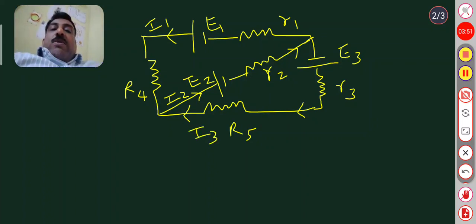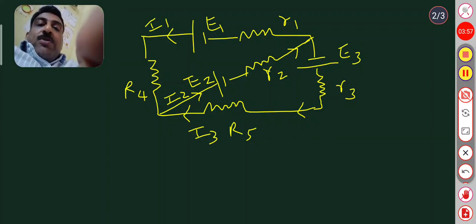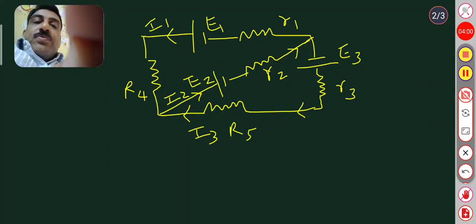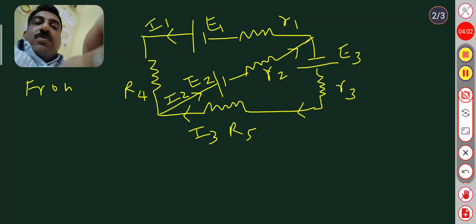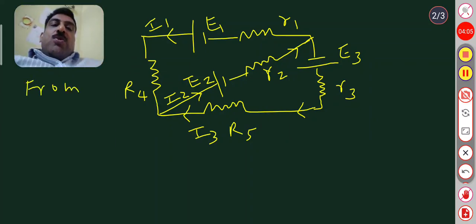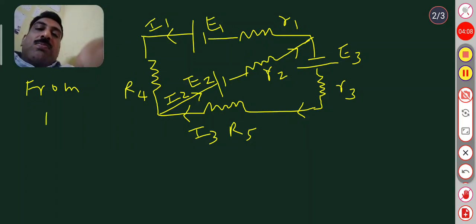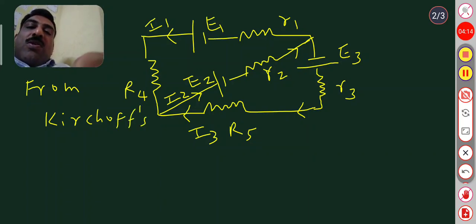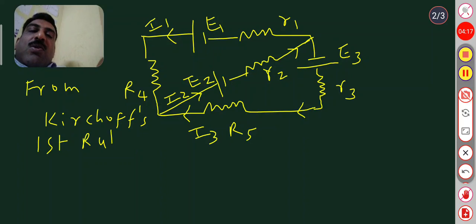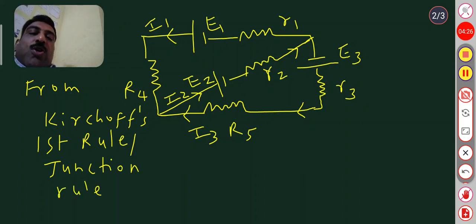Now you can see that by applying Kirchoff's first rule, or junction rule, you will get the relation: I1 is entering the junction, I3 is entering the junction.